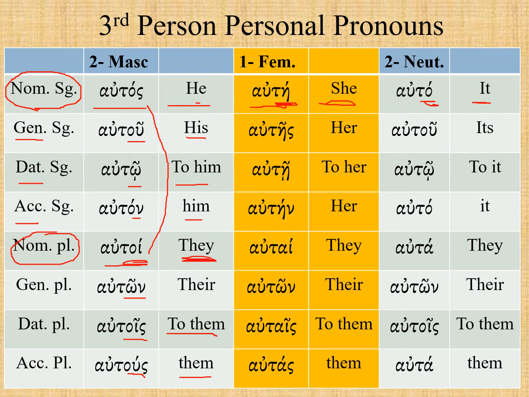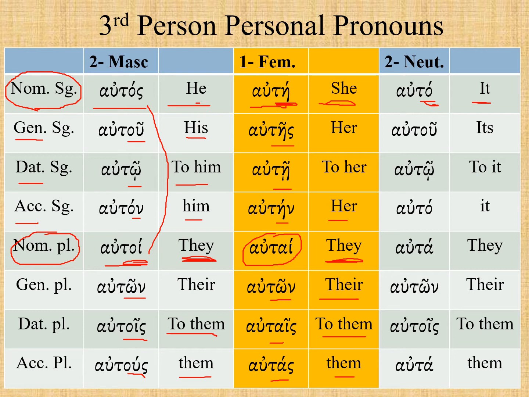Now the same pattern continues with the feminine. So aute is she, autes her, aute dative is to, in, or for her, and auten is her. And now again, notice that autai is the third person plural form in feminine, they, auton, their, autais, to them, for them, or in them, and autas is them.